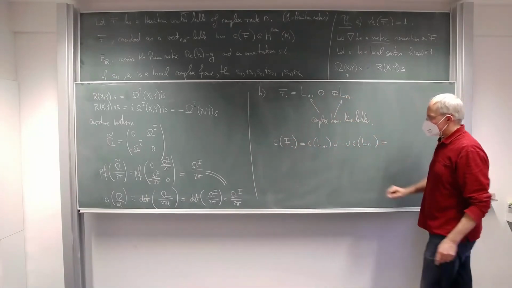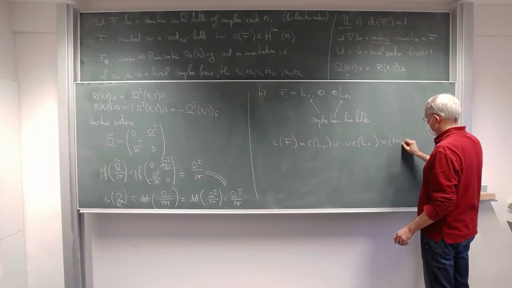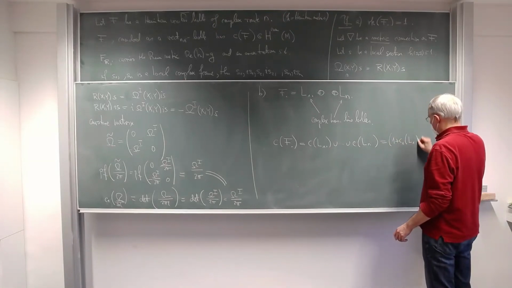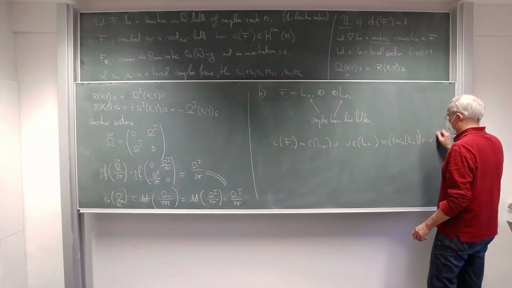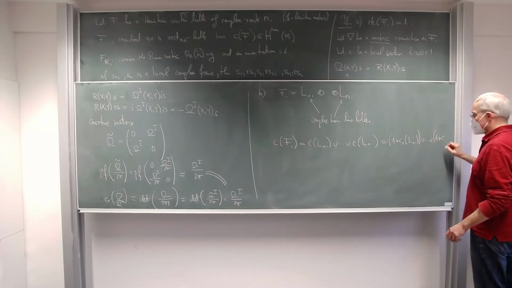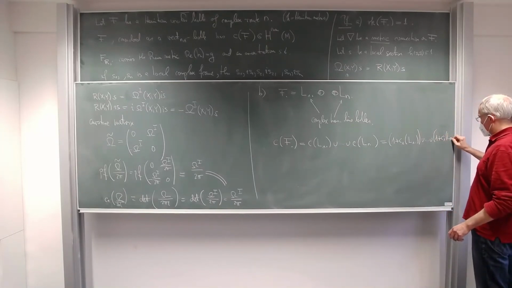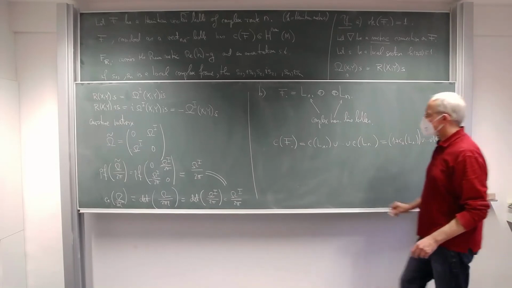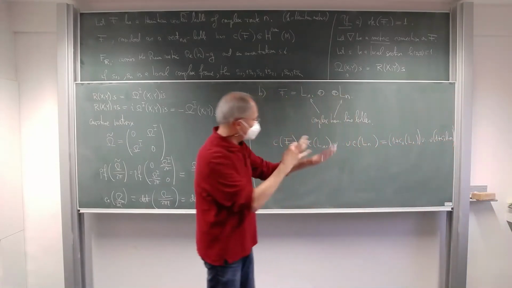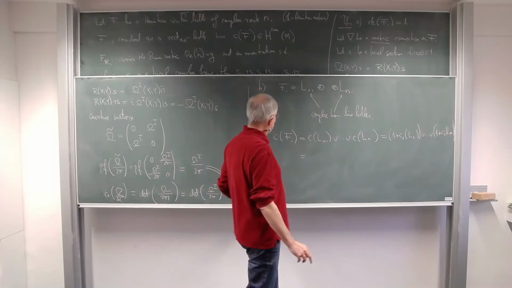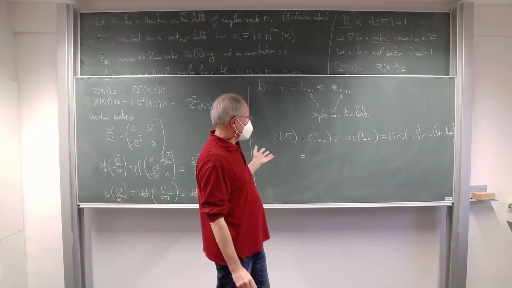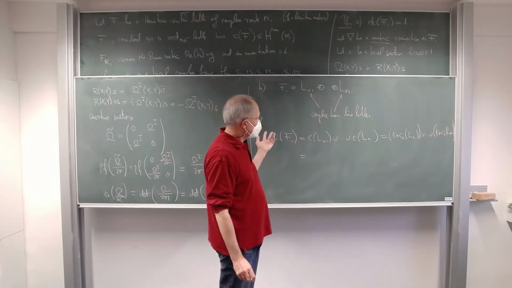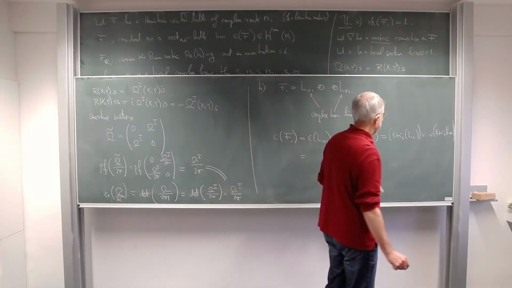And so that's just a line bundle, so we have 1 plus c1 of L1 times and so on, 1 plus c1 of Ln. And if we expand this, we're really only interested in the thing of degree 2n, so in the nth Chern class.